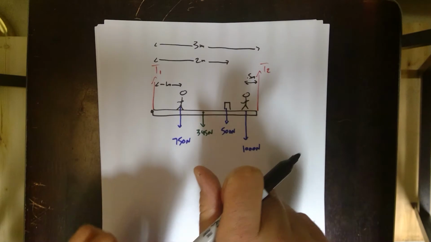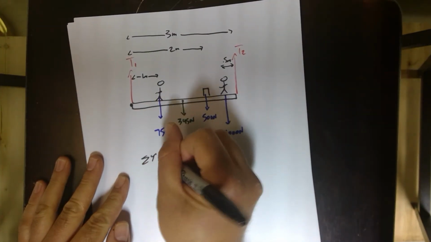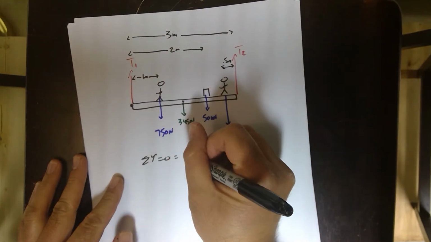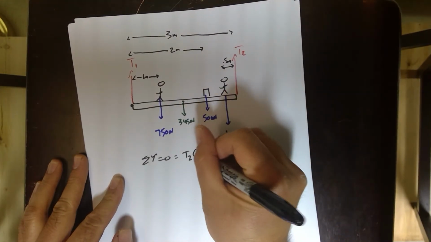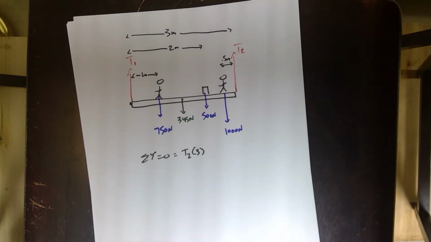Now they'll have to be balanced out because nothing here is falling. Sigma tau equals 0 here. And we'll say that T2 is our positive torque. Tension of 2. How far away is that? That's 3 meters away. This is balancing out all those negative torques here.